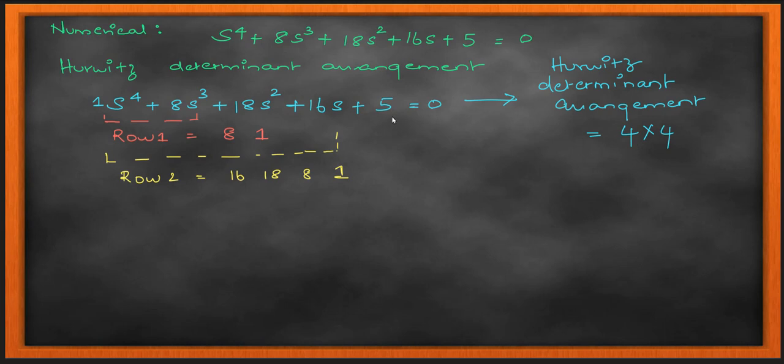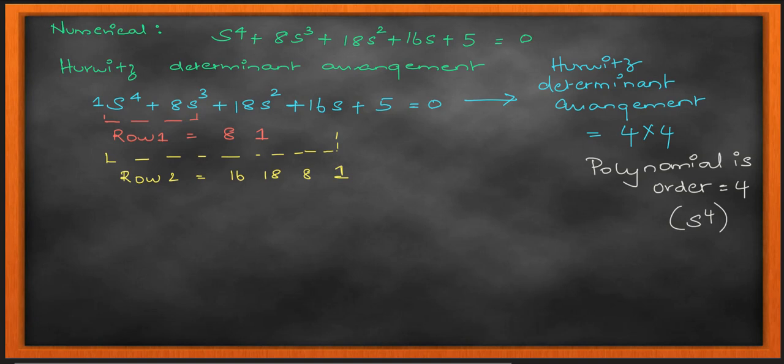All right. When I have a polynomial starting with s cube, my Hurwitz arrangement is going to give me a 3 by 3 matrix, and then I have to find the determinant of that 3 by 3 matrix. If I have s to the power of 5, then I get a 5 by 5 matrix, and I have to find the determinant of that 5 by 5 matrix. Okay, so that is the idea.